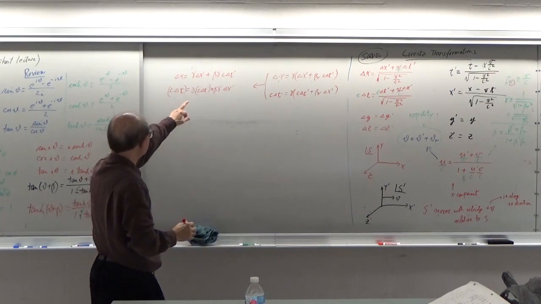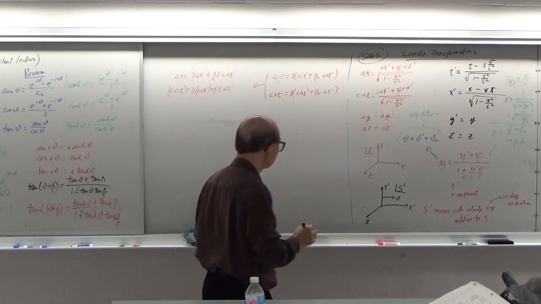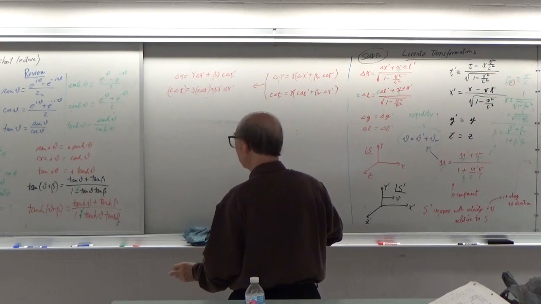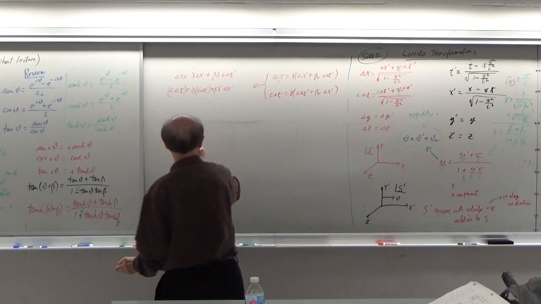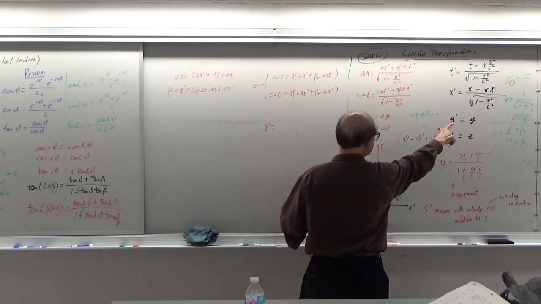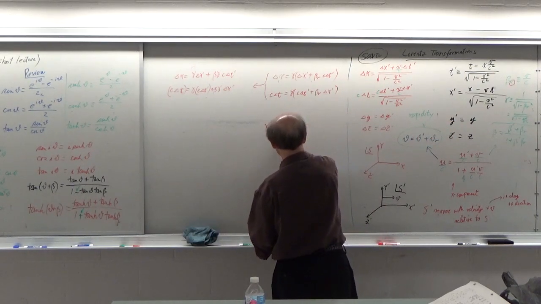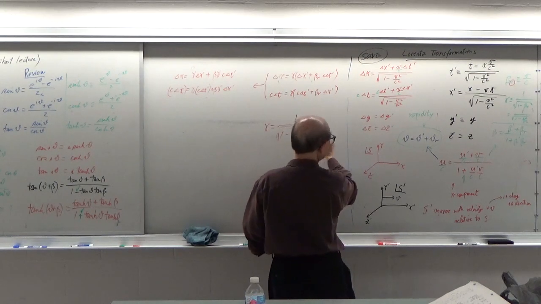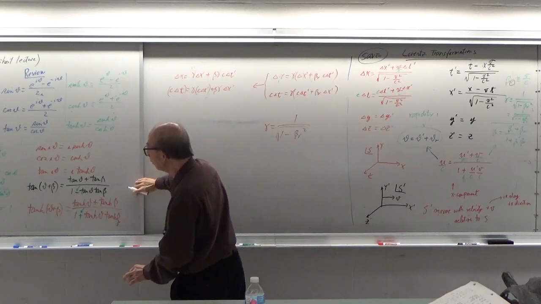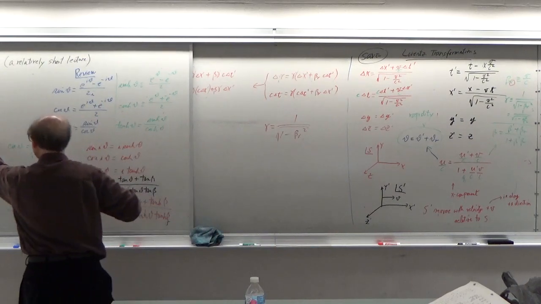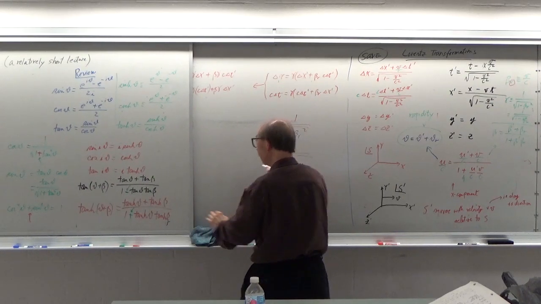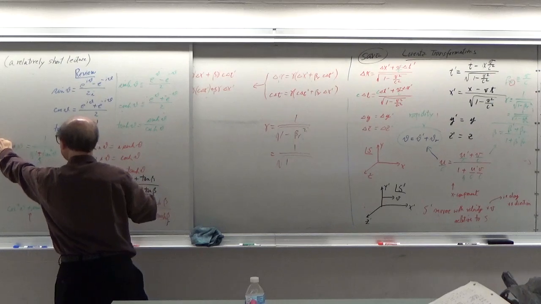I'm going to rewrite this in terms of the hyperbolic functions. And let's see, what is gamma? Gamma is 1 over the square root of 1 minus beta sub r squared. And beta sub r is a hyperbolic function of theta r, the tangent of theta r.